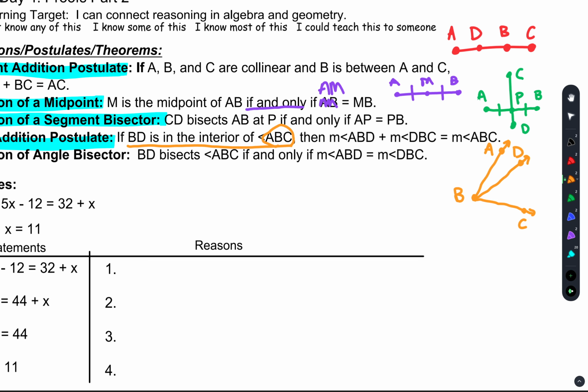So these 2 parts, ABD plus DBC, together make the whole thing, ABC. Does that make sense? Okay.